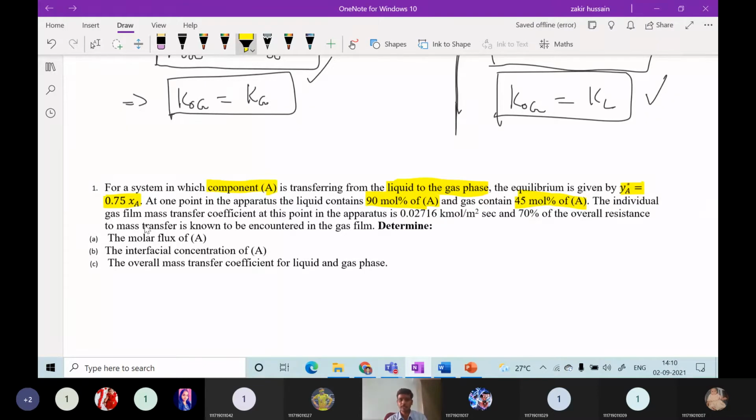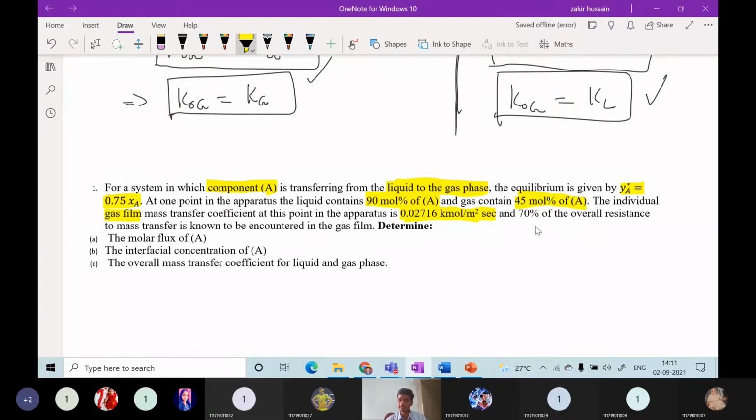The individual gas film mass transfer coefficient at this point in the apparatus is given. Individual mass transfer coefficient means Kg. Gas film mass transfer coefficient Kg is equal to 0.0212716 kilomole per meter square second.